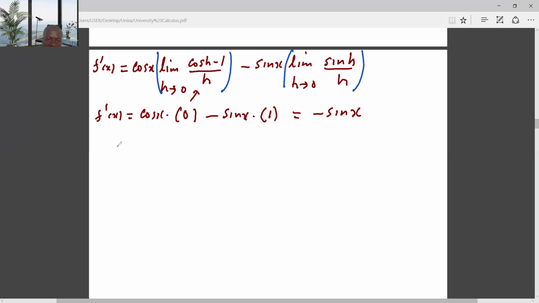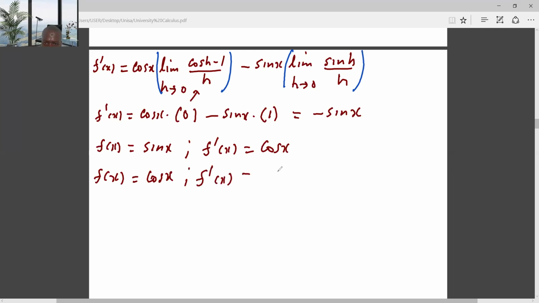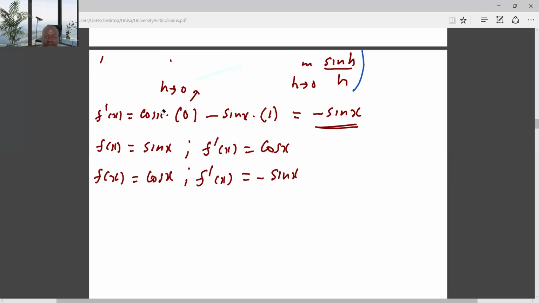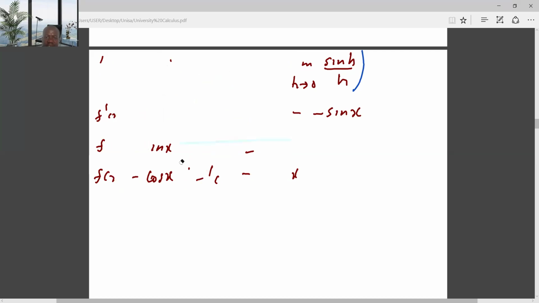So we've seen that when we have f of x equals sine, its derivative is cos. But when we have f of x equals cos, then its derivative is negative sine. Ladies and gentlemen, we used the first principle to prove that together with those limits.